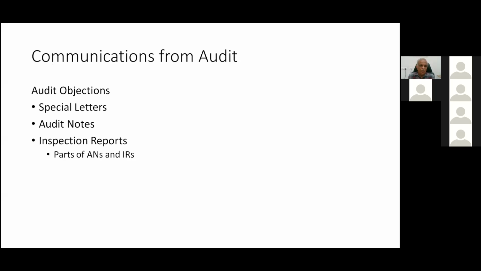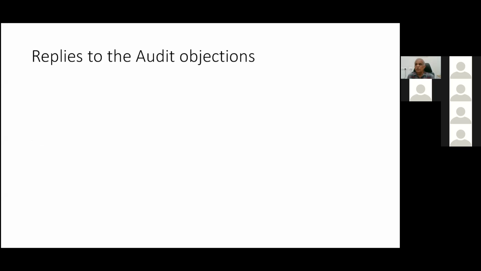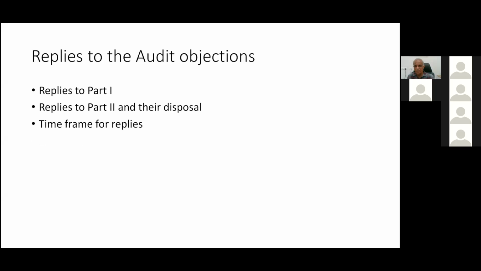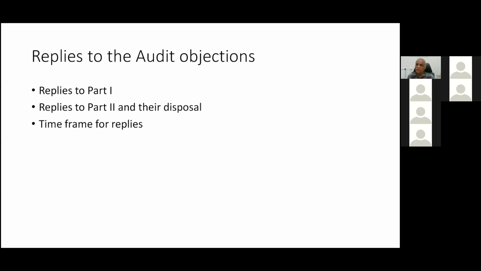Then a reply to audit objections, because these audit objections are monitored at various levels. Part 1 and part 2, as I said, can be discussed by railways only, and the initial reply should be sent within 30 days. We should get it from the department, the executive, and whenever a rejoinder is issued.